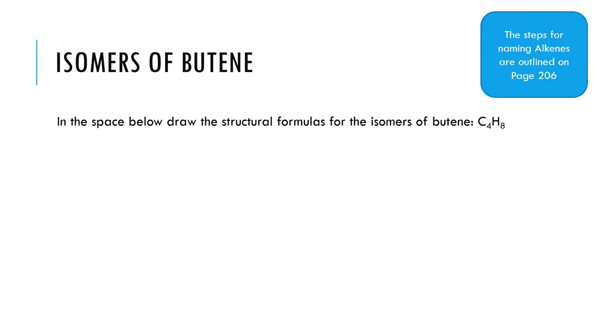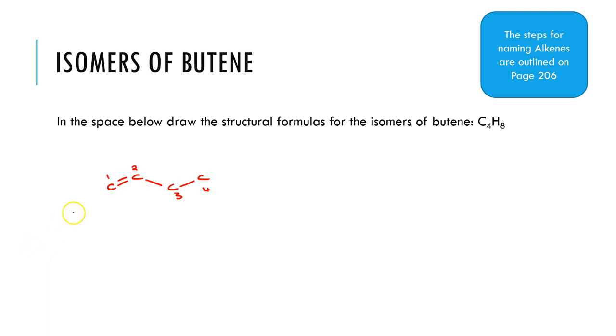Let's start looking at those. So with our isomers, okay, we are going to think about a couple of things when it comes to having an alkene. First of all, we have our 4 carbons. Okay, as we have said before, we're going to have carbon 1, 2, 3, 4.